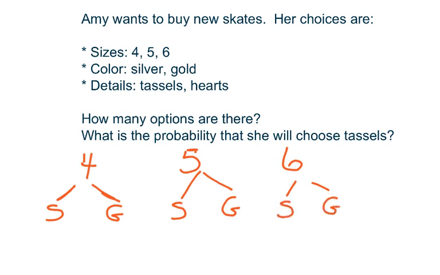Now, let's say you get size 4, silver. You could have tassels or hearts. Size 4 gold with tassels or hearts. Size 5 silver, tassels or hearts. Size 5 gold, tassels or hearts.